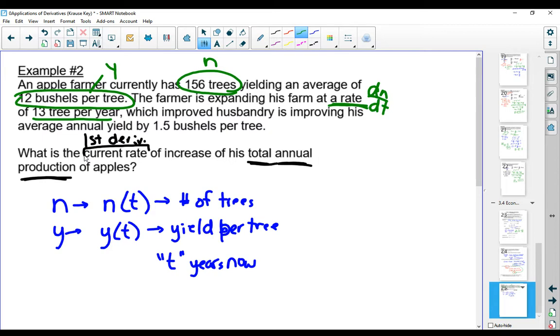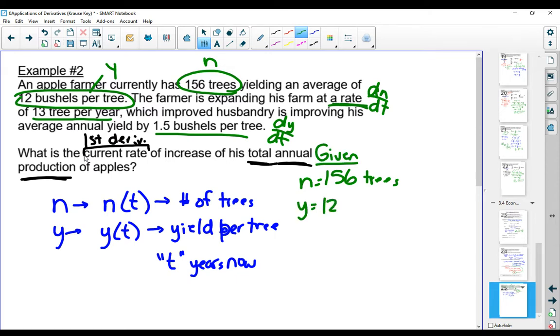And he's improving his yield at 1.5 bushels per year per tree, sorry. So that would be our dy dt. So if we write those down, n is 156 trees. So these are all the amounts that were given. y is 12 bushels per year.